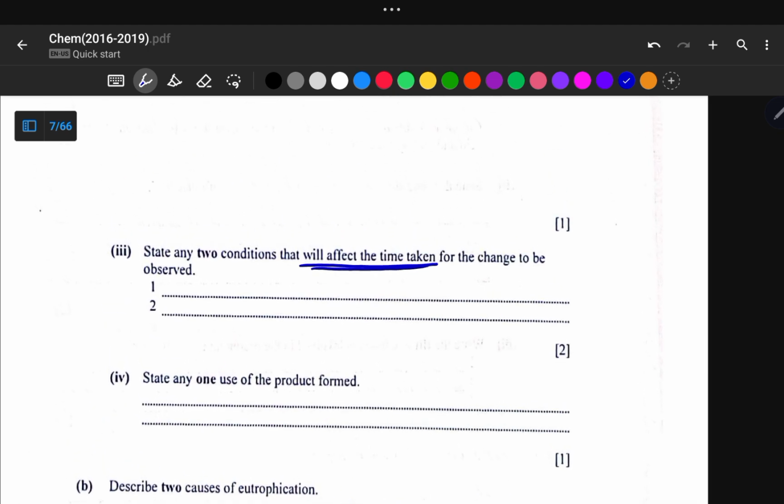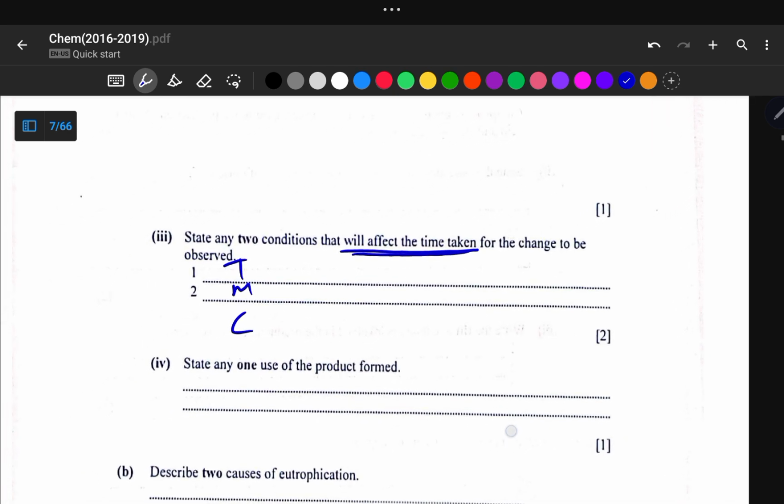State two conditions, mass and temperature, or concentration. And also you should be able to explain. Temperature is governed by the kinetic theory of matter. Increase in temperature increases the collisions and increases the particles with the amount of activation energy. So that's reaction kinetics. We're going to cover that when we do reaction kinetics.